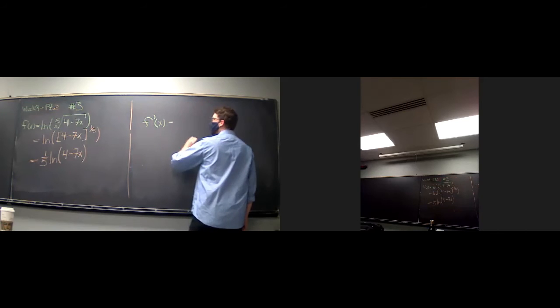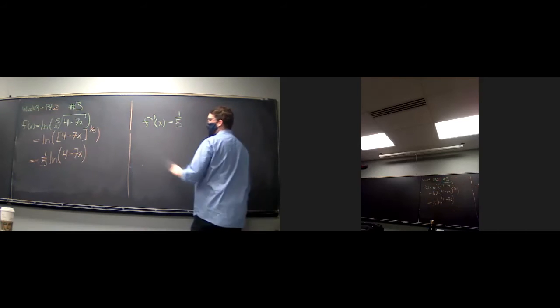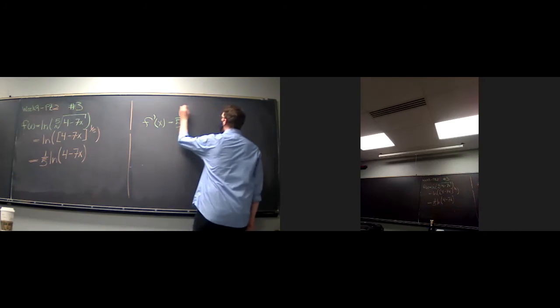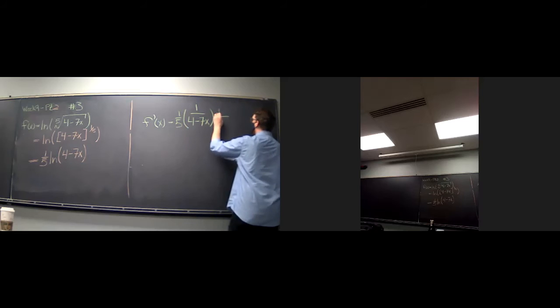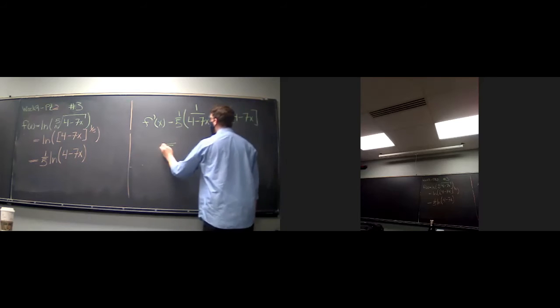Taking the derivative of this thing is a lot easier now. The derivative is going to come out to be 1 over 5, because it's just a constant, right? We can pull that out, times 1 over 4 minus 7x times the derivative of 4 minus 7x, this is just going to become -7, right?